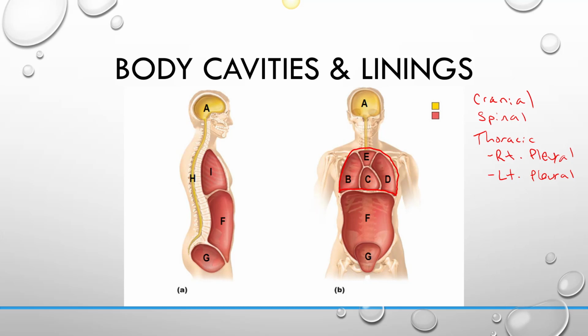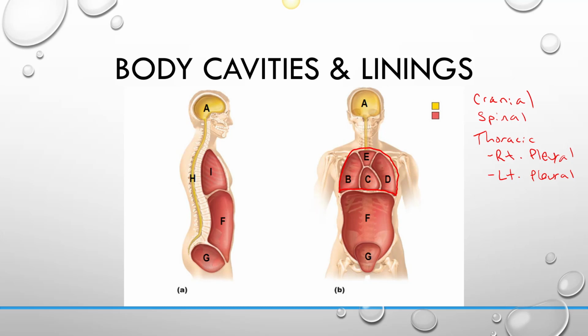Whenever you're referring to a body part, take the perspective of the patient and refer to their left and right, not how you are looking at the body. So this is the right pleural cavity, which contains the right lung, and this is the left pleural cavity, which contains the left lung.